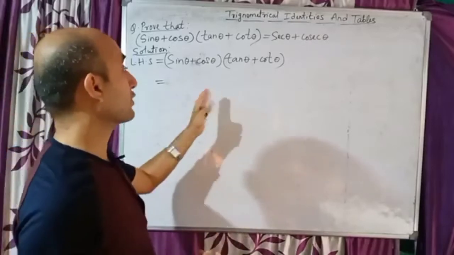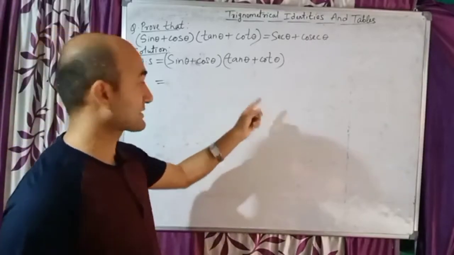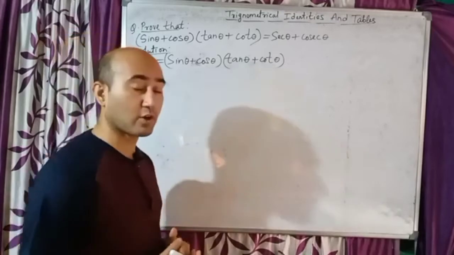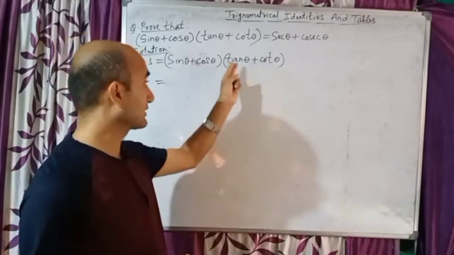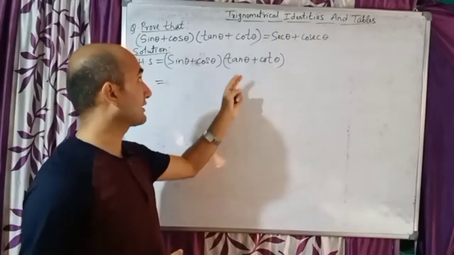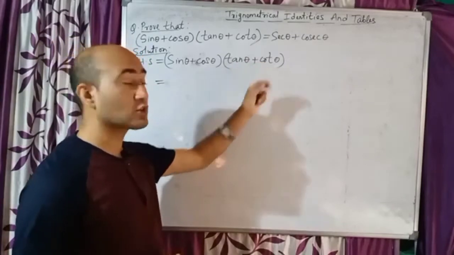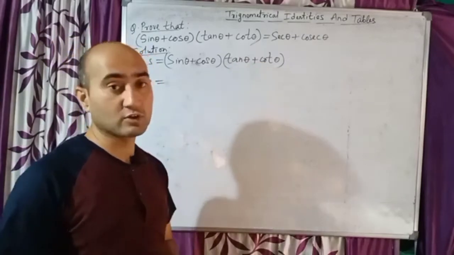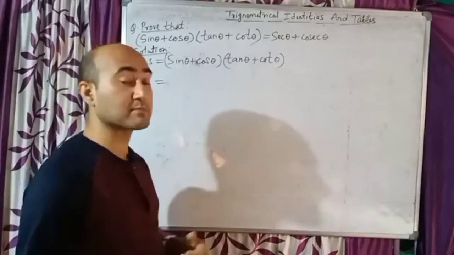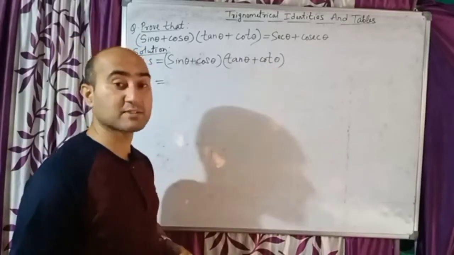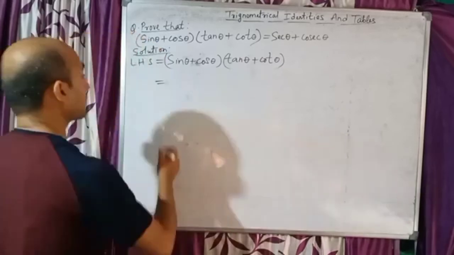that is like not sin theta and cos theta, but something else like tan theta and cot theta. So these trigonometrical identities will try to make it either sine or cos, and tan can become sine and cos, cot also can become sine and cos. So I am going to tell you the formula.